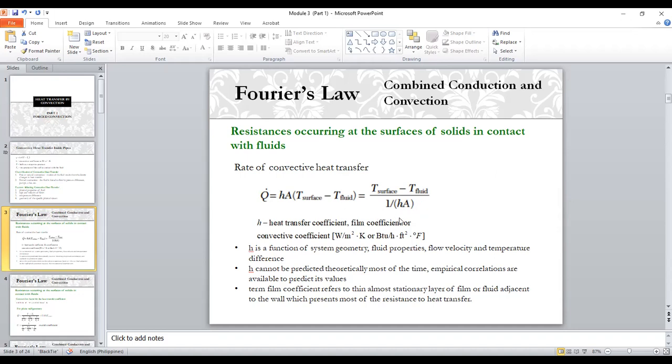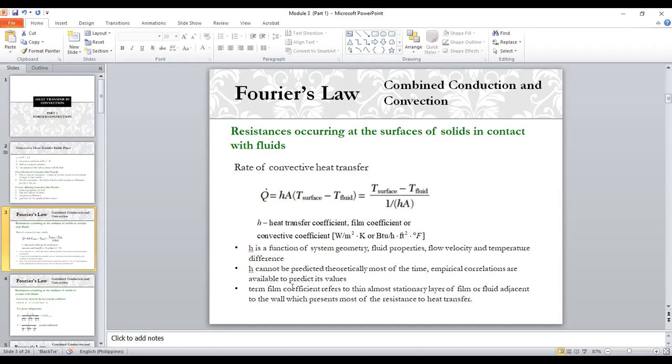But most of the time, class, this is the way it's written. This one is just to illustrate again the fundamental general principle of heat transfer, that you should have the driving force and you should have the resistance. So this is your resistance, this is your driving force. Your H here is a function of system geometry, fluid properties, flow velocity, and temperature difference.